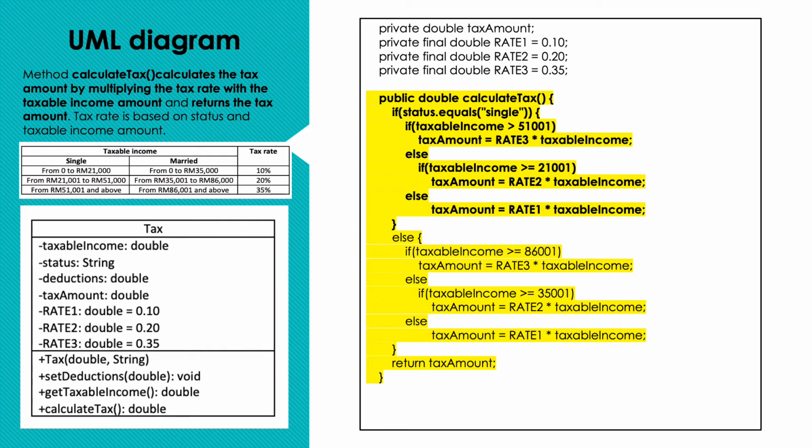Say that the user enters single but with the wrong spelling, for example, single with double S. Then it will calculate it based on the else. You can also have in your else another if statement so that you can check if the status is equal to married. So there are different ways of doing it.